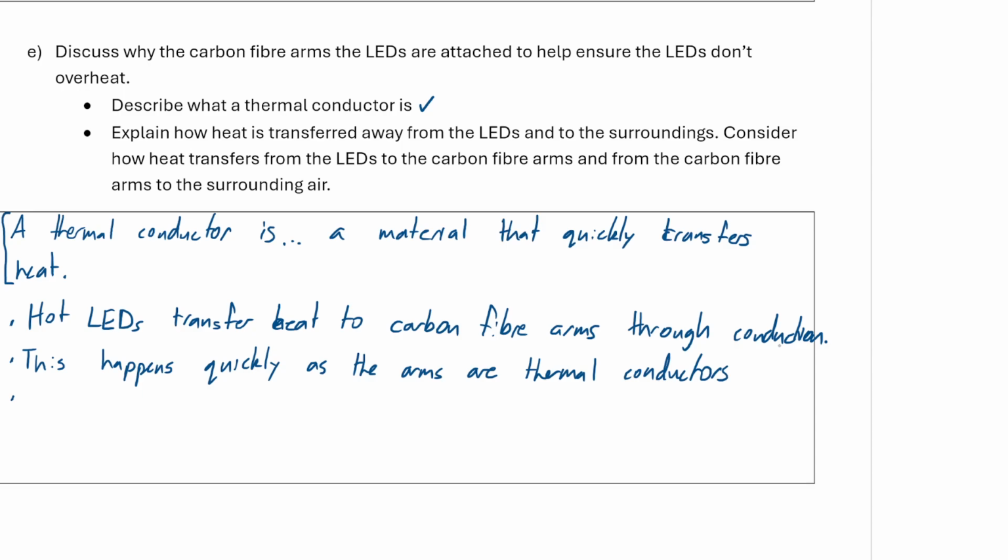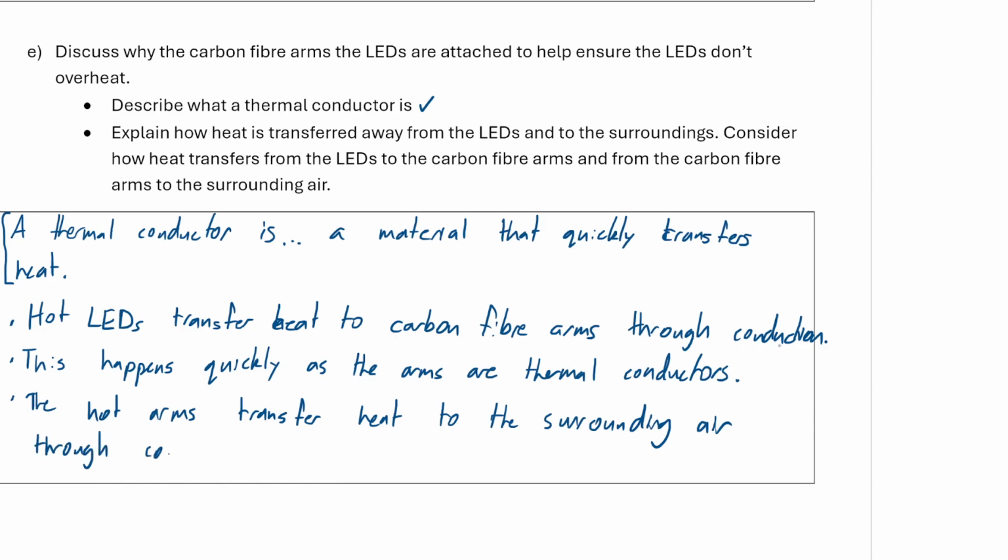So as a sentence, the hot arms transfer heat to the surrounding air, again through conduction. And so it's just the layer of air touching the carbon fiber. Whew, that would be an excellent question.